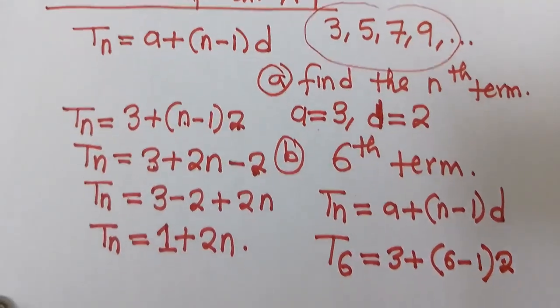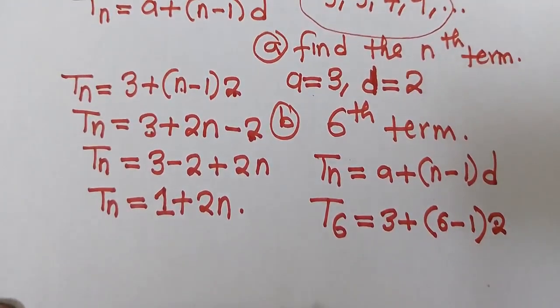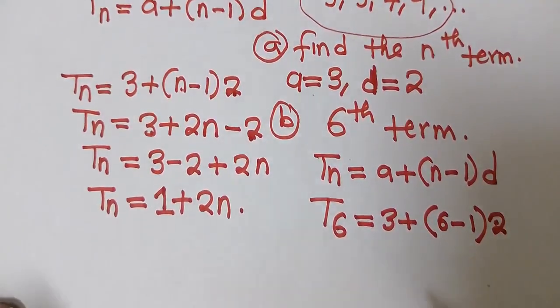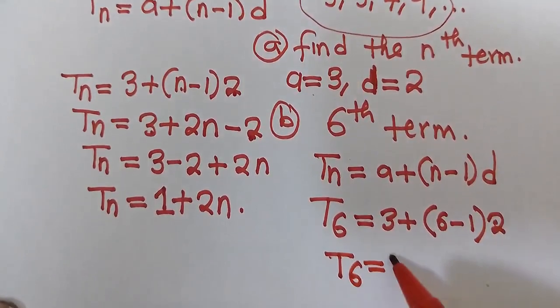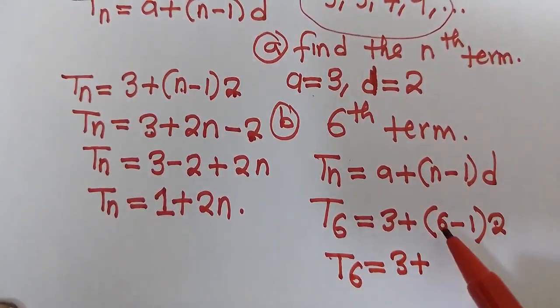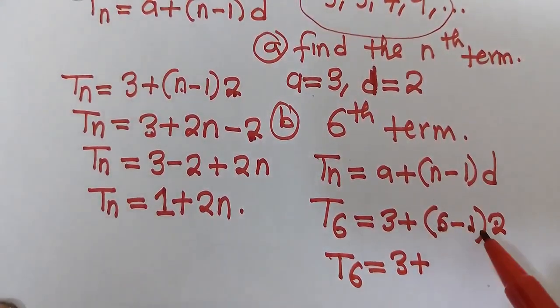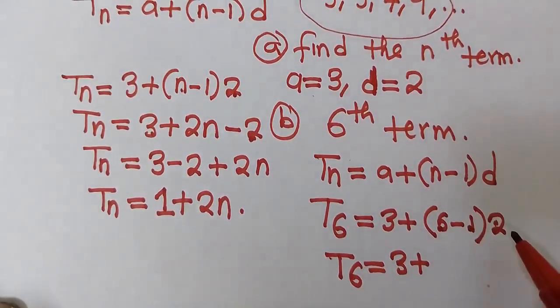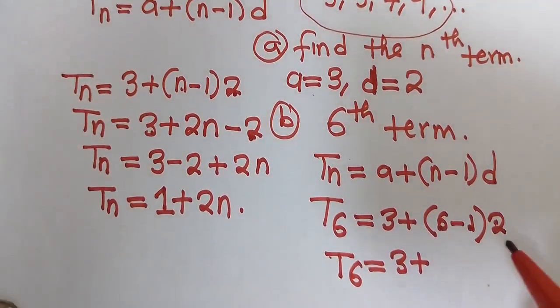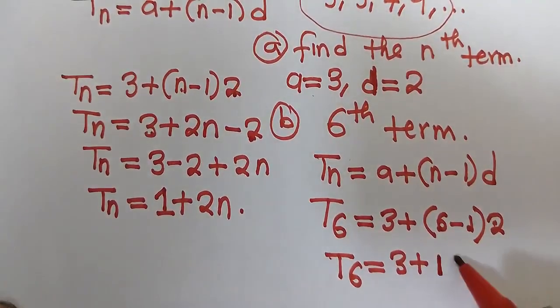These are procedures you are going to follow. After you do this, what is the next thing which you are supposed to consider? You say T6 is equal to 3 plus, what is 6 minus 1? It is 5. 5 times 2, 10. So it is a 10 here.